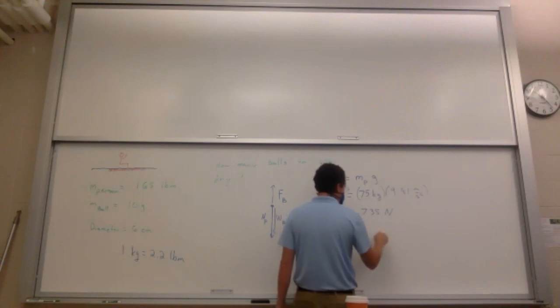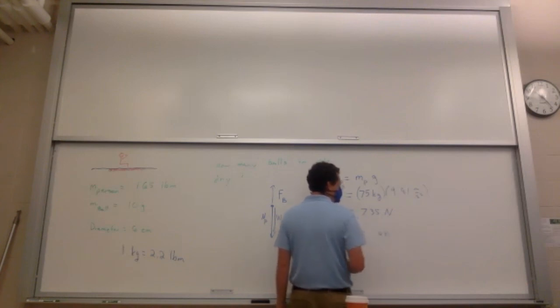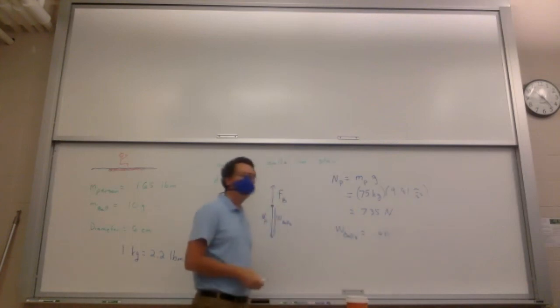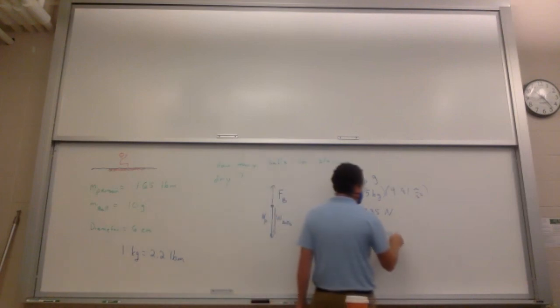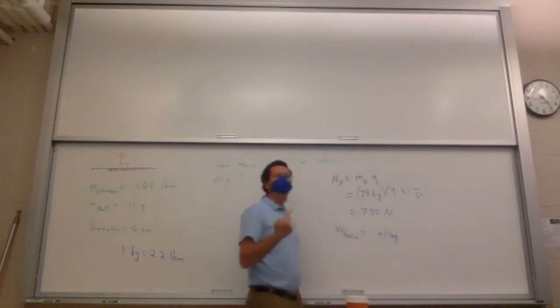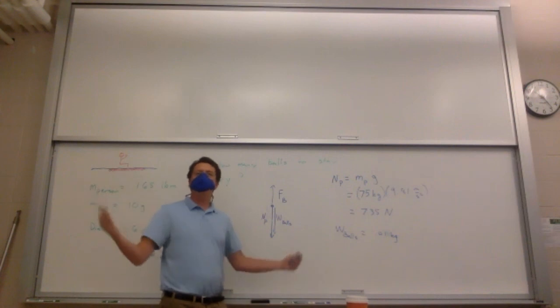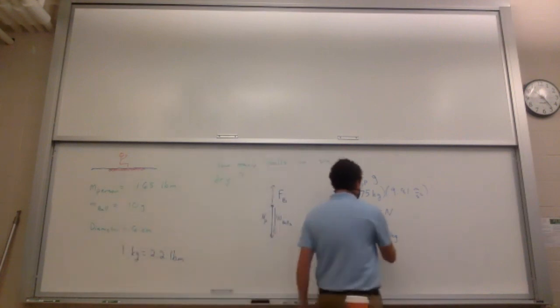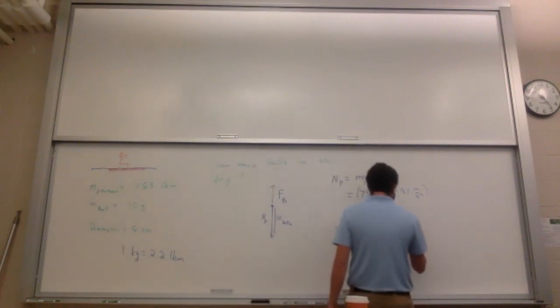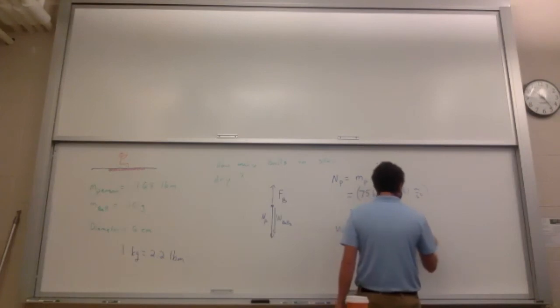Okay, so that's going to be 0.0. No, 10 grams is 0.01. 1 gram would be 0.001, and we've got 10 of them. Okay? Times g. Am I done?